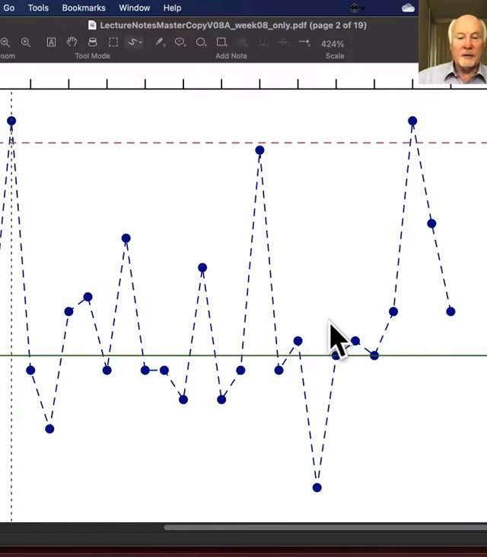So what we're looking for is firstly outliers. So when we're using run charts, we normally put in, well, this is actually a bit of an innovation, but we put in a horizontal line to mark where the outliers would fall.